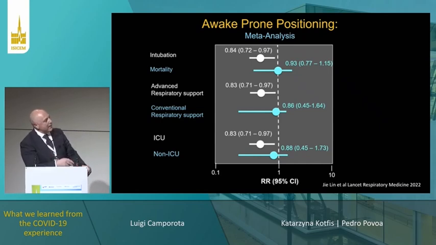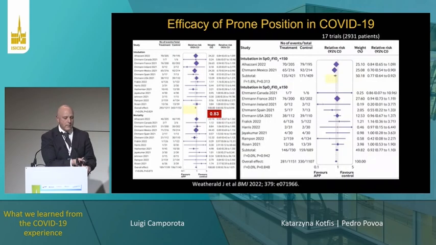And this is a meta-analysis which I've redrawn just to simplify. You can see that there is no mortality benefit. However, there is a reduction in intubation, and that is seen particularly in patients who received advanced respiratory support and within the ICU.